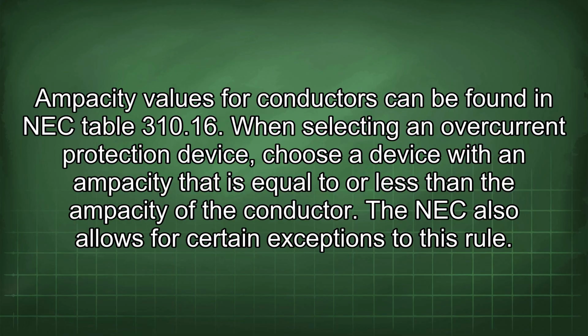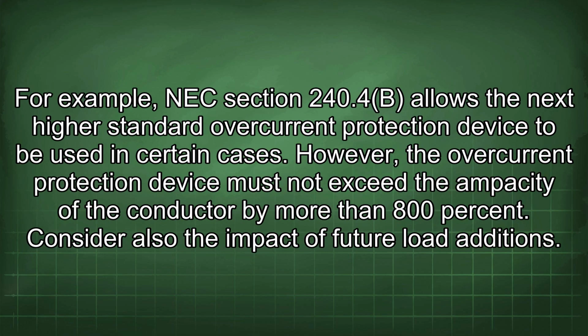The NEC also allows for certain exceptions to this rule. For example, NEC Section 240.4(B) allows the next highest standard overcurrent protection device to be used in certain cases. However, the overcurrent protection device must not exceed the ampacity of the conductor by more than 100%.